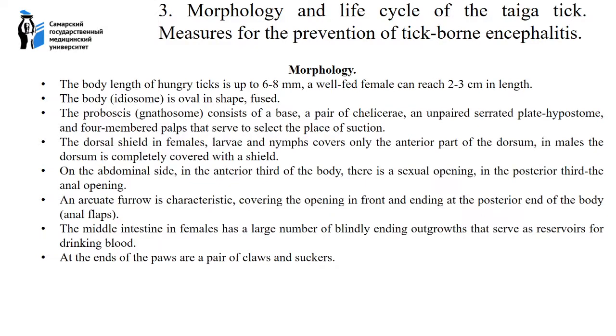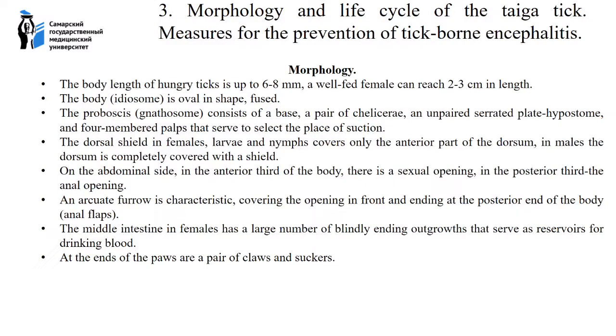In males, the dorsum is completely covered with a shield. On the abdominal side, in the anterior third of the body, there is a sexual opening. In the posterior third, the anal opening.